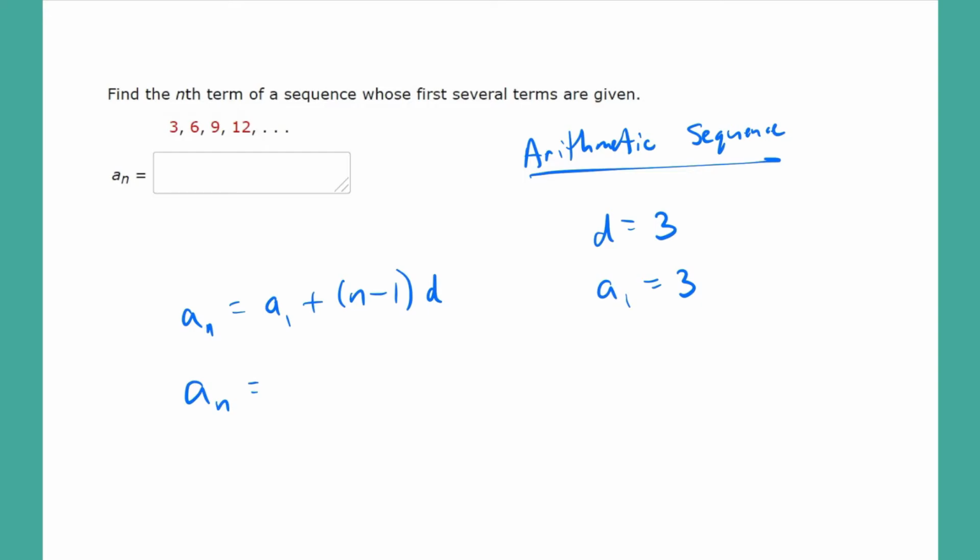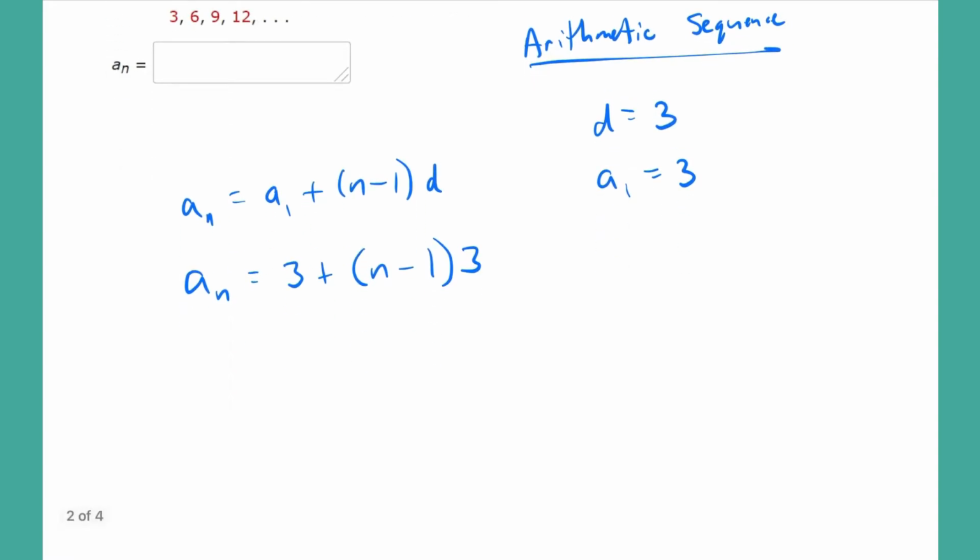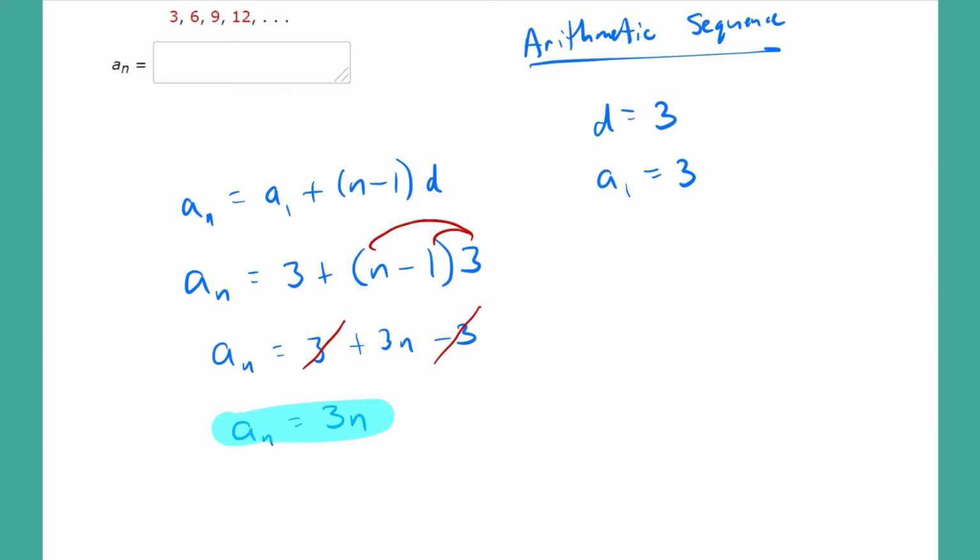So a sub 1 is 3, n is our variable, d is equal to 3 as well. And now we can distribute and combine like terms. A sub n should be 3 plus 3n minus 3. Notice that these 3's are going to cancel, so the nth term is simply 3n.